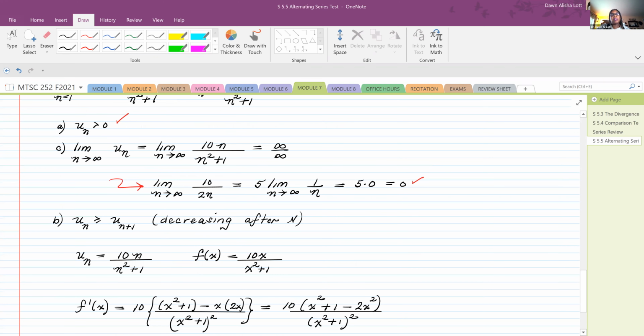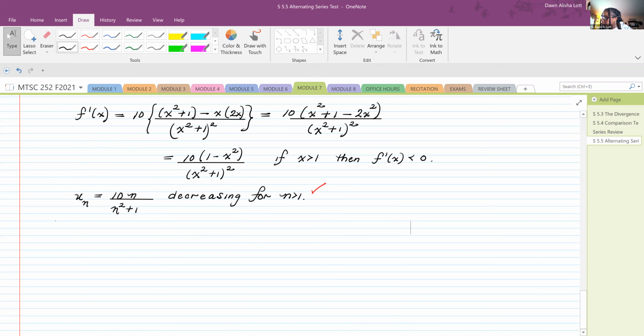So therefore, I can say by the alternating series test, the summation n equal 1 to infinity of minus 1 to the n plus 1 times 10n over n squared plus 1 converges.